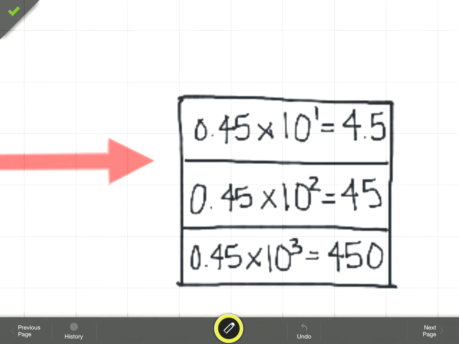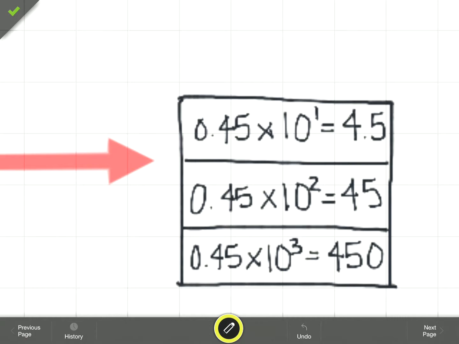What do you notice the decimal doing in all three numbers? Is it moving to the right or to the left? Good. Each time you multiply by exponential form, you need to move your decimal to the right.